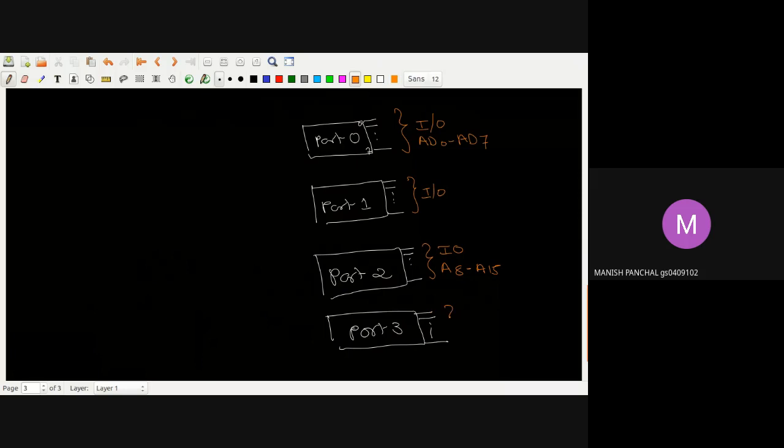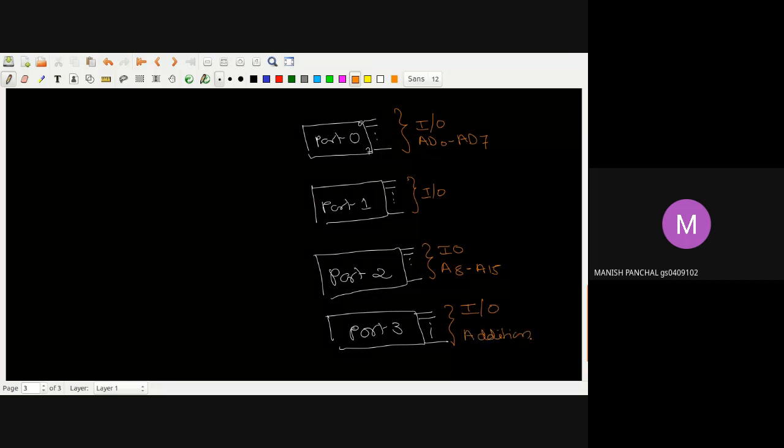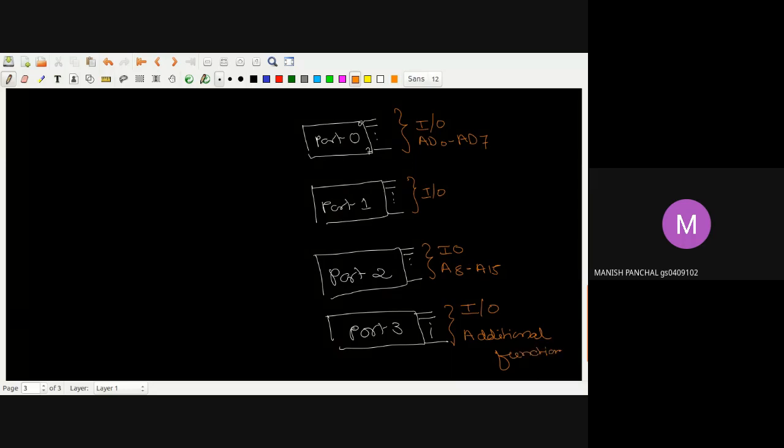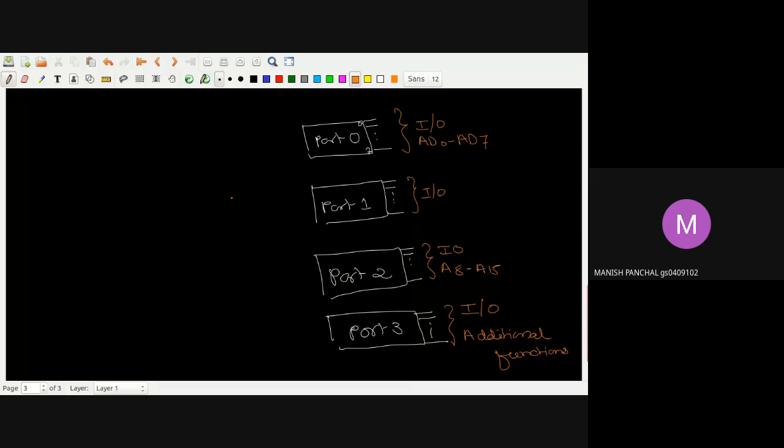And here it is used for IO and some additional functions. The additional functions we have seen are things like serial communication, interrupts, and all this type of stuff, which is normally called additional function.